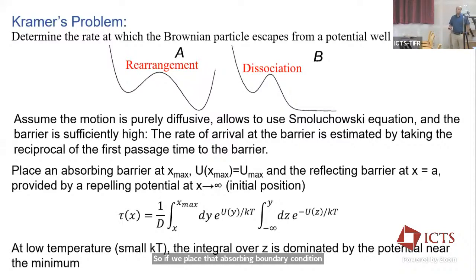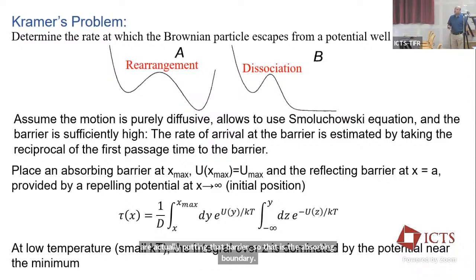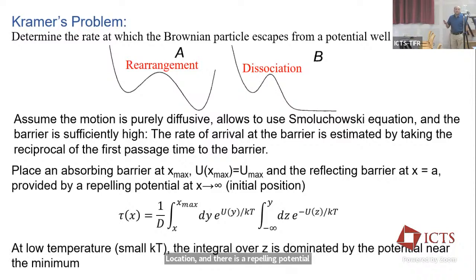This is the particular equation, and imagine that the absorbing boundary is put at the barrier, so at x max we are putting that barrier, which is the absorbing boundary location, and there is a repelling potential at x equal to infinity. So now you need to do this integral properly.